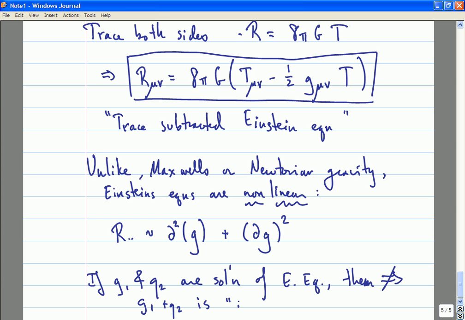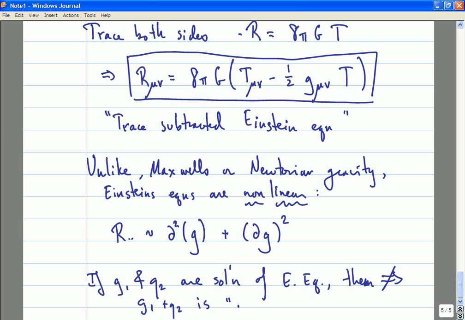This is very different from Maxwell's equation, for example. If you don't have any charges present, you could write down one solution of Maxwell's equation and add to it another solution of Maxwell's equation, and you would get another solution of Maxwell's equation. Even if you have charge, if you take one solution in the presence of that charge, you could add another solution of the source-free Maxwell's equations to obtain a third solution with charge.